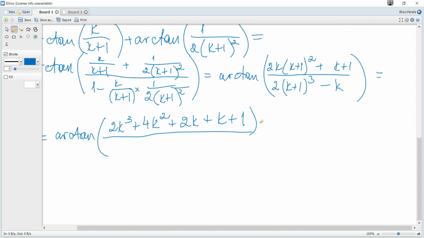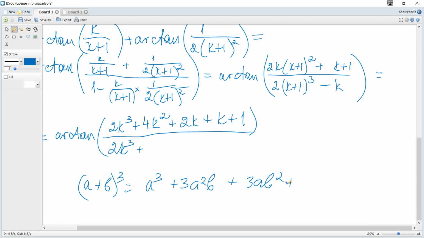And here you may apply the binomial formula (a plus b) cubed, so it becomes k cubed multiplied by 2, plus the formula (a plus b) cubed, it's a cubed plus 3a squared b plus 3ab squared plus b cubed.